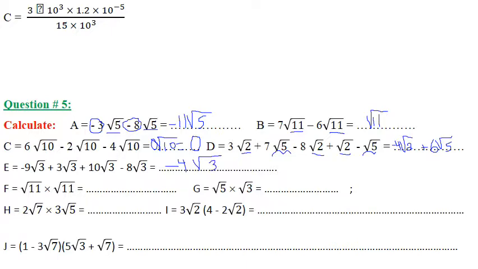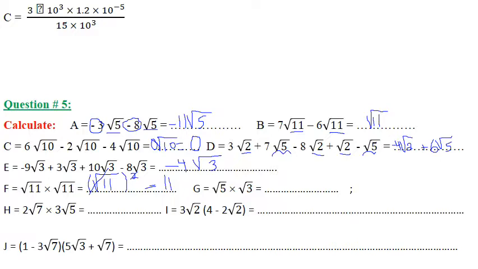Now we are multiplying radicals. In multiplication, we don't care if they have the same radicands or not. Radical 11 times radical 11 gives me radical 11, all of it squared. Now the squared cancels the radical, so my answer will be 11.